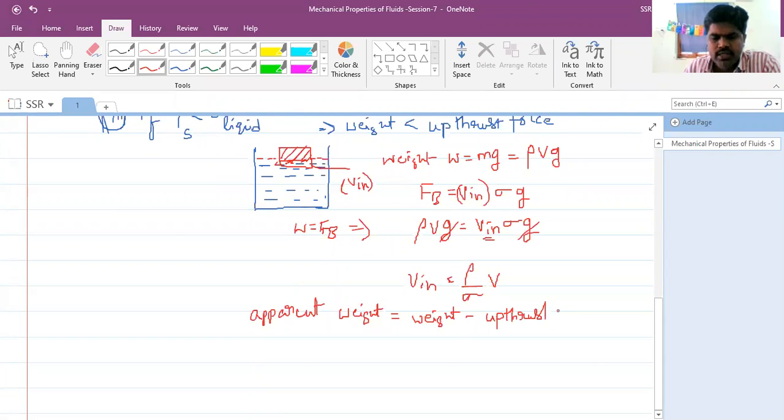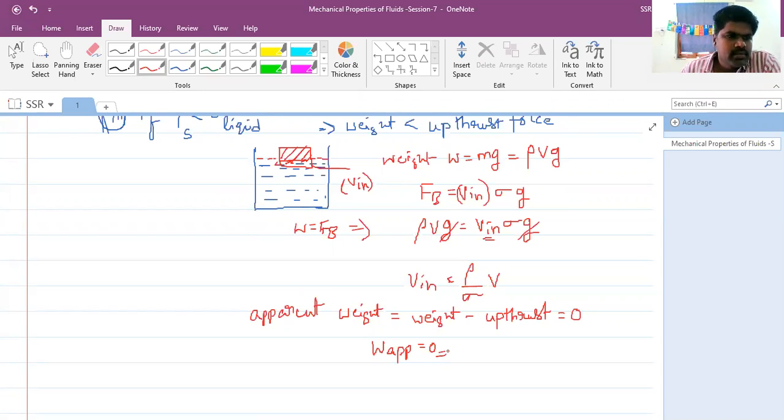Because weight is equal to upthrust, weight minus upthrust is 0. That means W apparent is equal to 0. So this is the equilibrium condition.